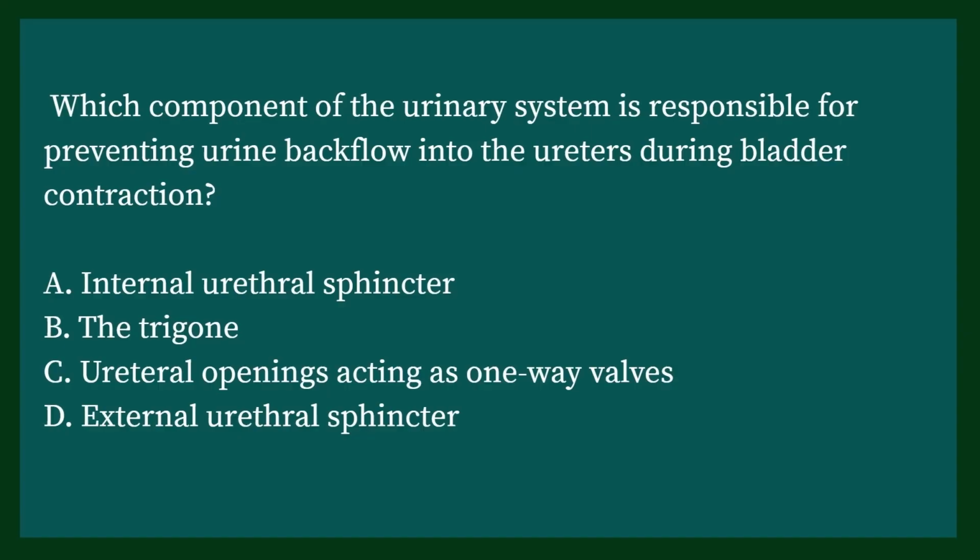Last question. Which component of the urinary system is responsible for preventing urine backflow into the ureters during bladder contraction? Do you remember this part? We have A, internal urethral sphincter, B, the trigone, C, ureteral openings acting as one-way valves, or D, external urethral sphincter.